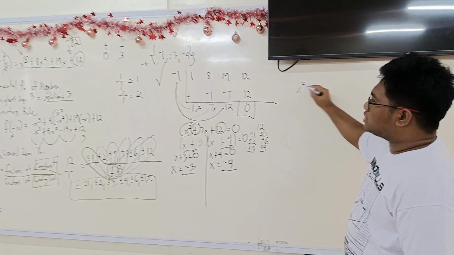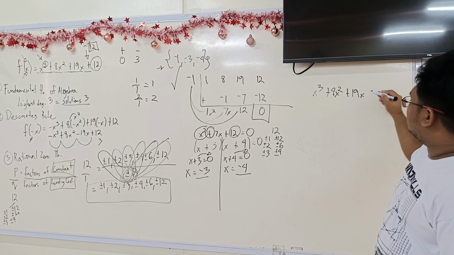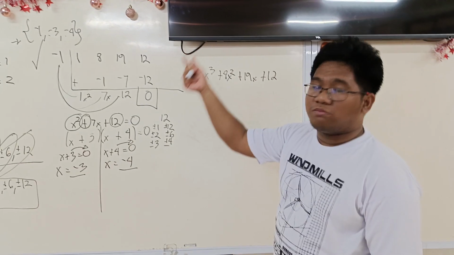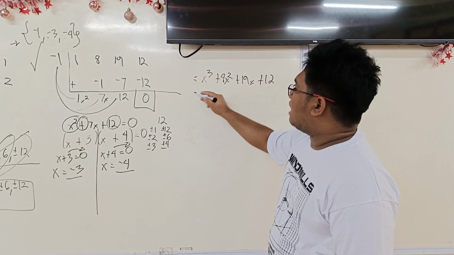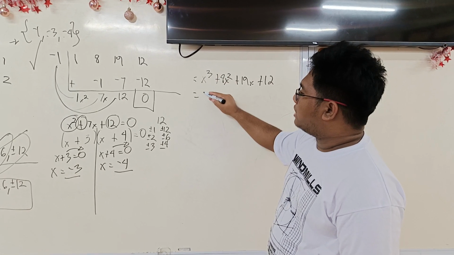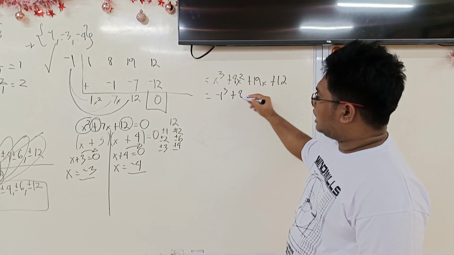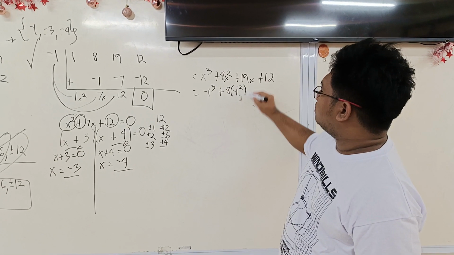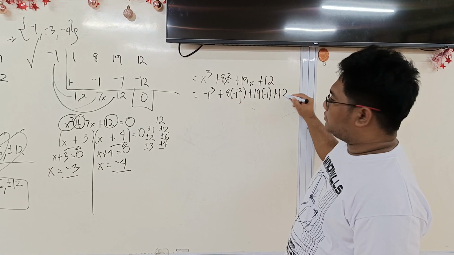Our equation is x cubed plus 8x squared plus 19x plus 12. Again, sinasabi natin kung tama yung mga sagot natin, this should be a 0. Okay? So we will have, again, substitute negative 1 raised to 3 plus 8 negative 1 raised to 2 plus 19 negative 1 plus 12.